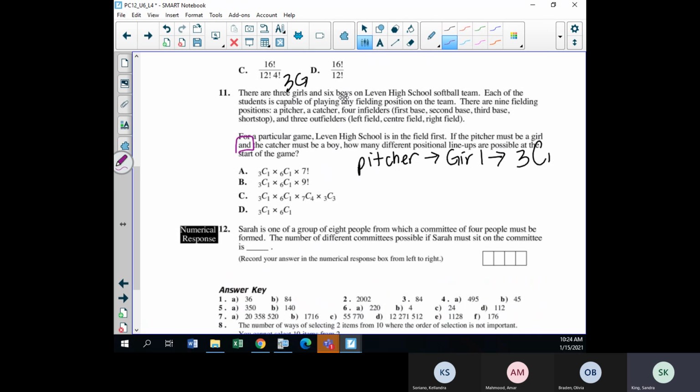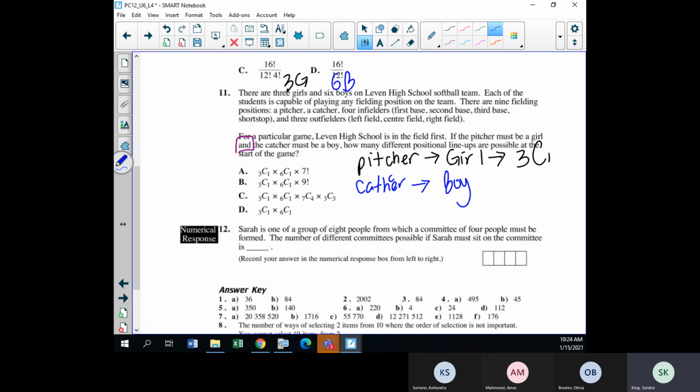What would the catcher be? Louise, any idea for the catcher? There's 1 catcher that we're choosing, and how many boys were there to choose from? Because it has to be a boy. 6, yeah, there's 6 boys.